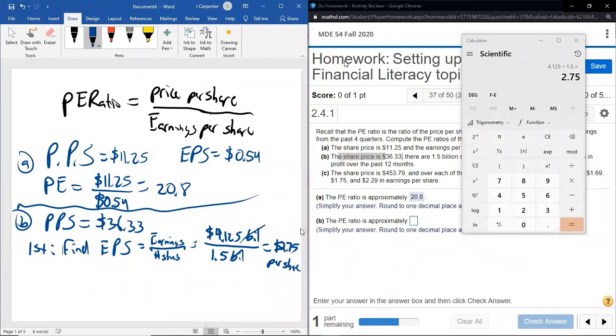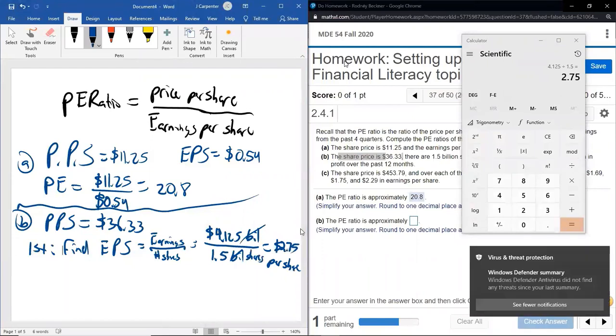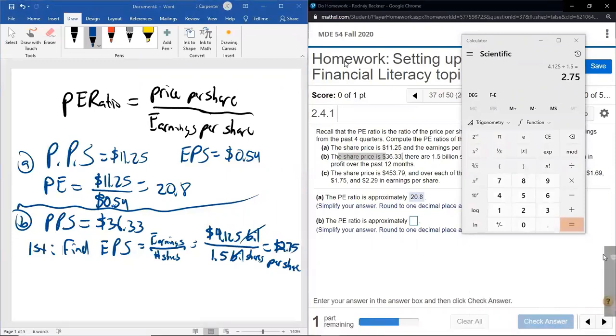Why? Because the number of shares is in the bottom. There's actually the word shares in here, and that's what we're going to start doing, is be really, really meticulous with units starting in chapter 3. But for now, I haven't emphasized it too much, so people not writing those words there wouldn't surprise me. Now we have our EPS. We were given the PPS, so now all we got to do is divide those two things.